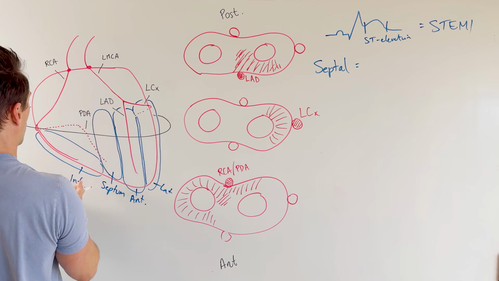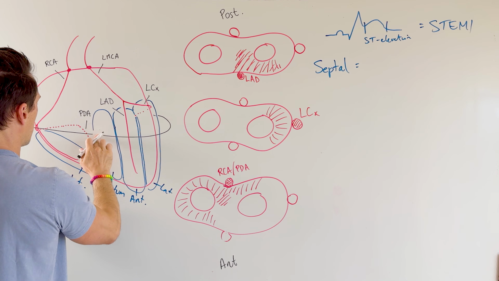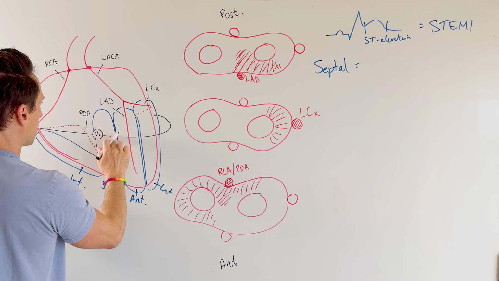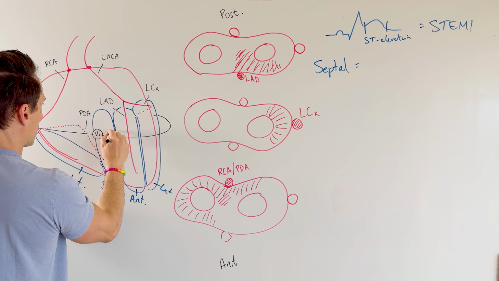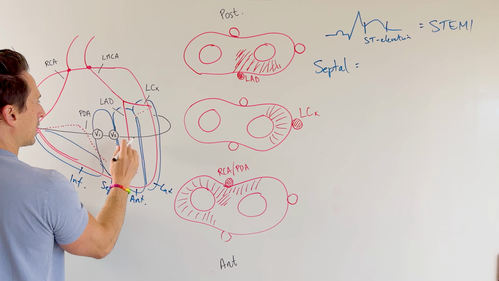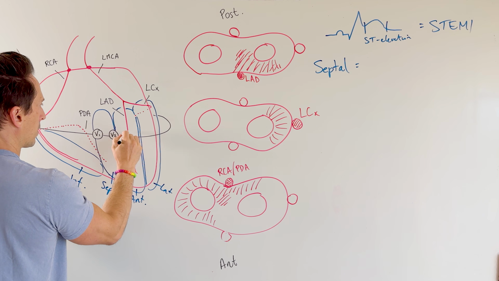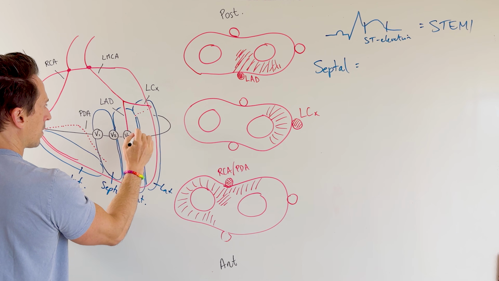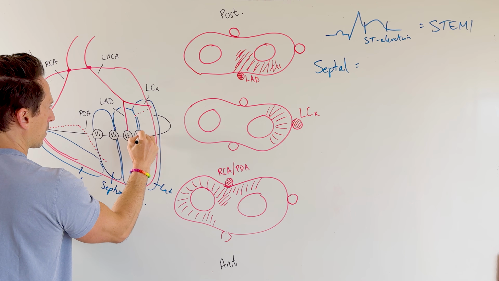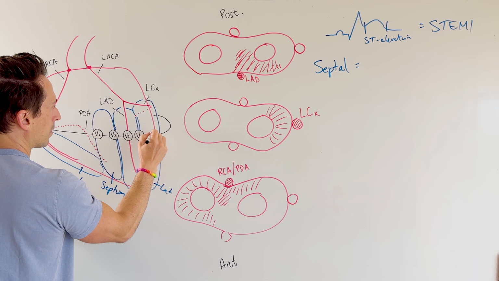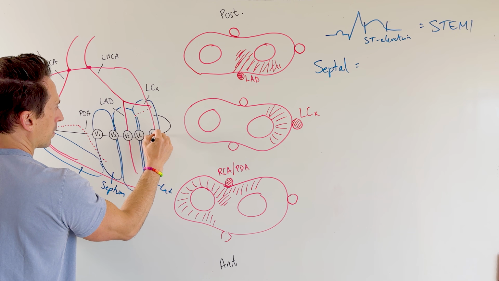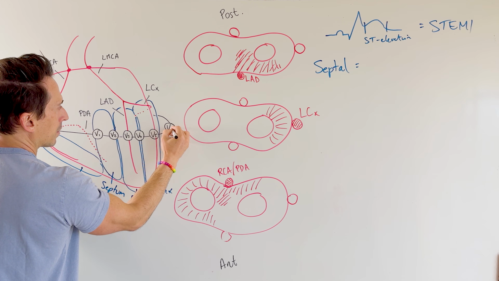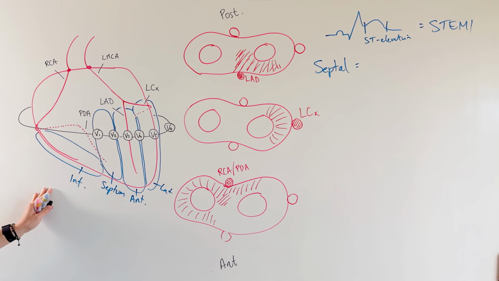We've got V1, V2, V3, V4, V5, and V6. So there's our precordial leads.